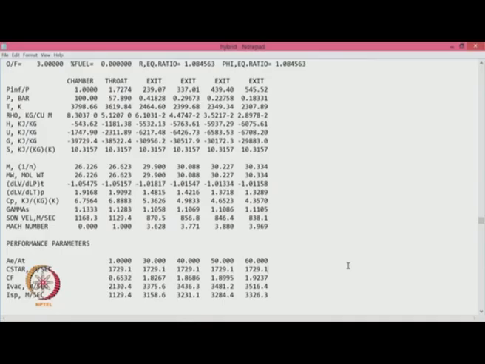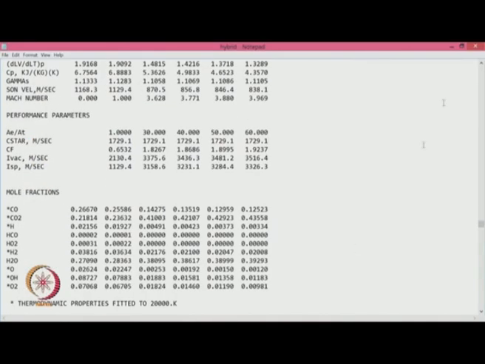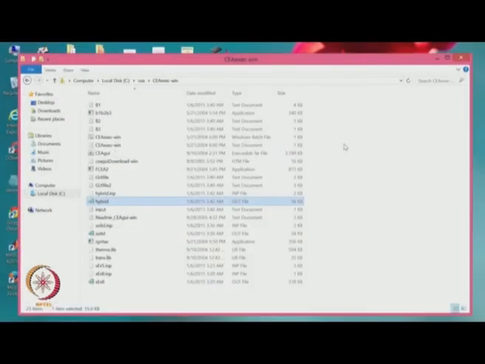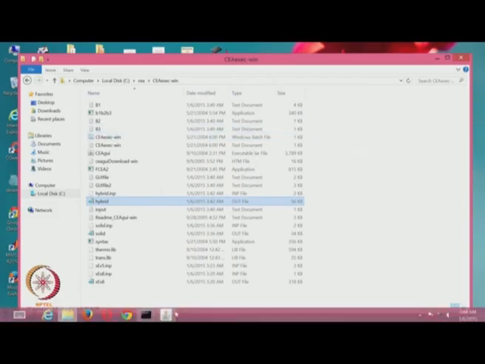Okay. Now, you can play around with the kind of additives that you would want to add. Let us say I talked about aluminum hydride as a possible additive that can increase the specific impulse quite a bit. So, we will select aluminum hydride, it is already there.